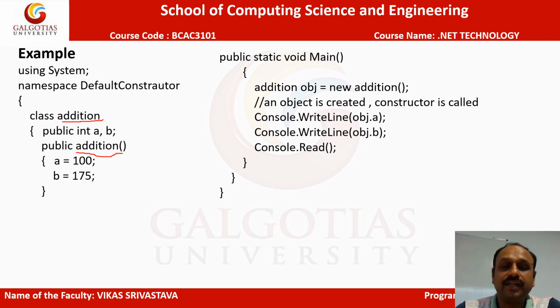Here you have declared public member variables A and B, and the values 100 and 175 have been assigned respectively.